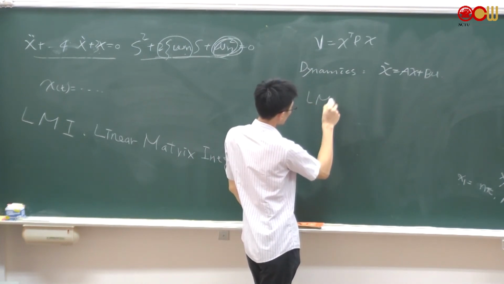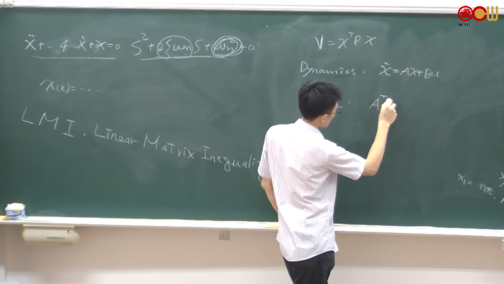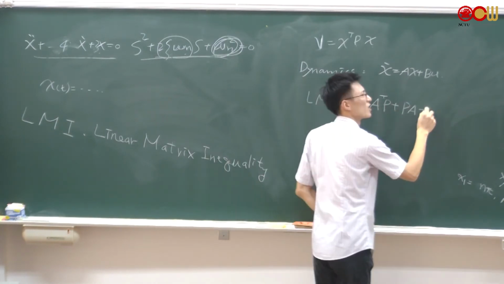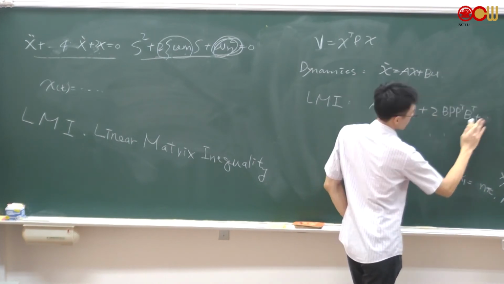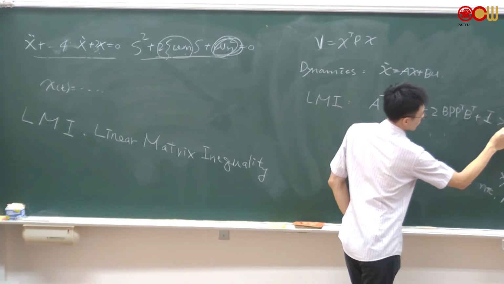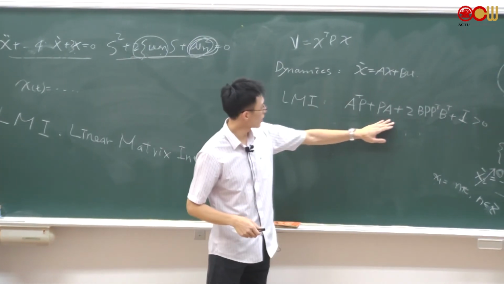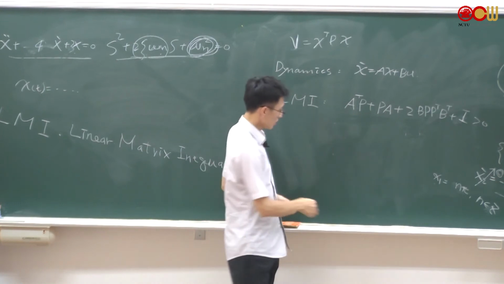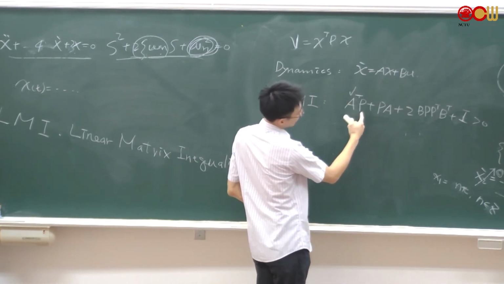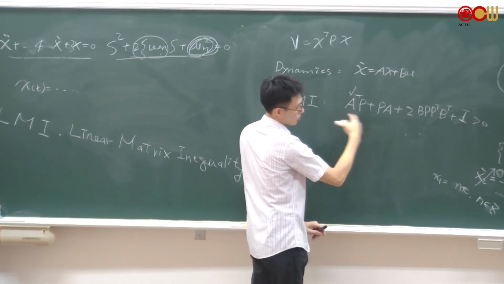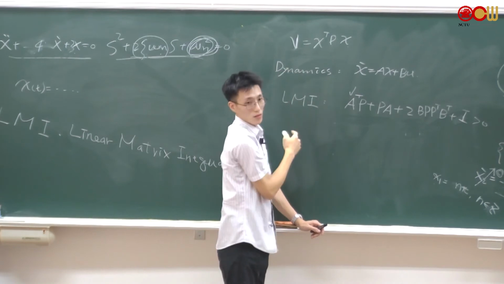So the LMI will be like this: A transpose P plus P A plus 2 B E plus some I, identity matrix, greater than 0. So you solve this LMI. A is known, P is unknown. We're trying to find P using this inequality. If you find P, then this is your Lyapunov function.